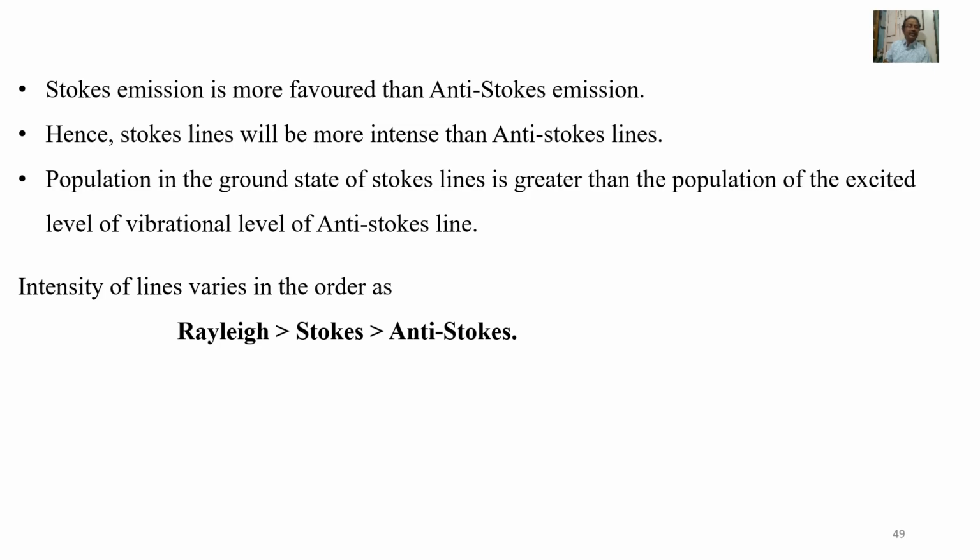The intensity of lines varies in the order: Rayleigh line is greater than Stokes line, which is greater than anti-Stokes line. So anti-Stokes line will have less intensity, Stokes line will be more intense than anti-Stokes, and Rayleigh scattering will be more intense than both the Stokes and anti-Stokes lines.